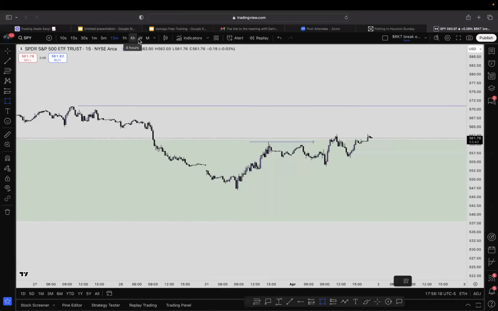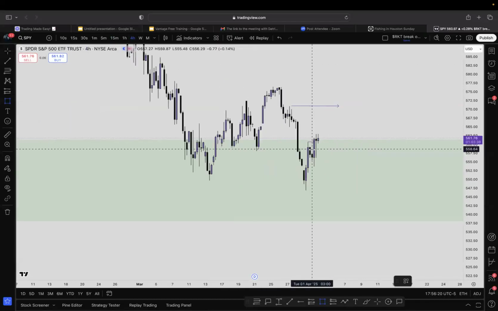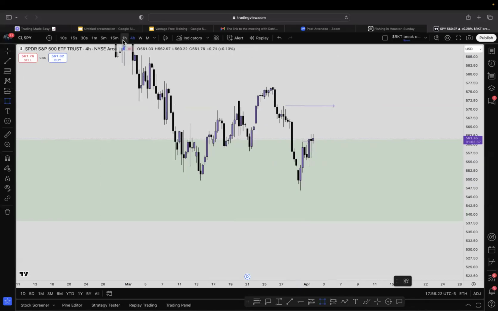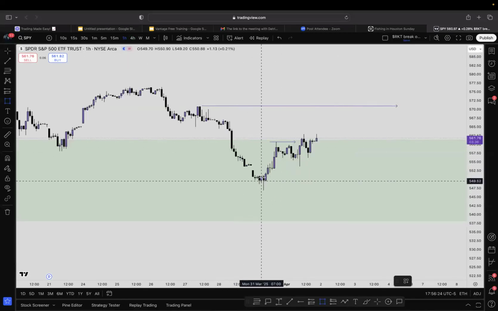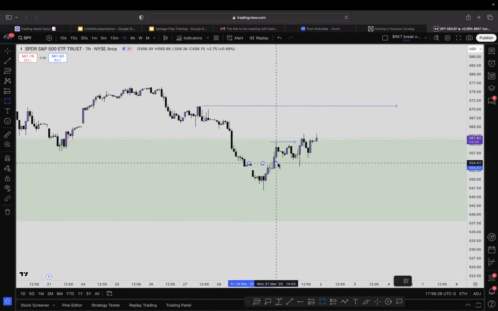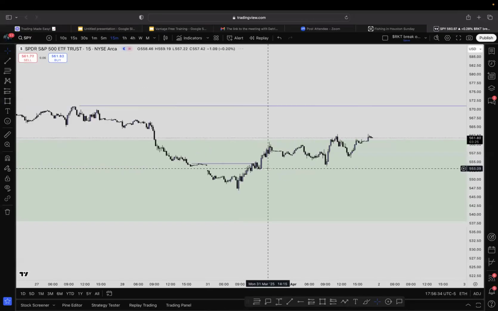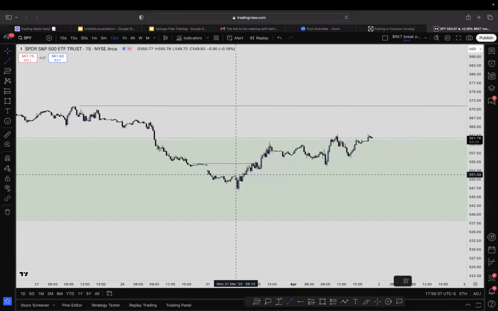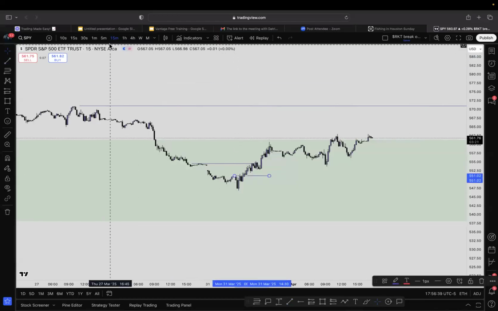Do you guys see that? On a weekly, we're bearish. On a 4 hour, we're bearish. On a 1 hour, once we broke this right here, now we're bullish. So we became bullish on a 1 hour at 554. On a 15-minute, we became bullish once we broke here at 551.